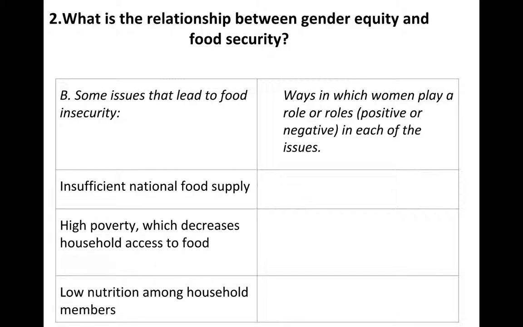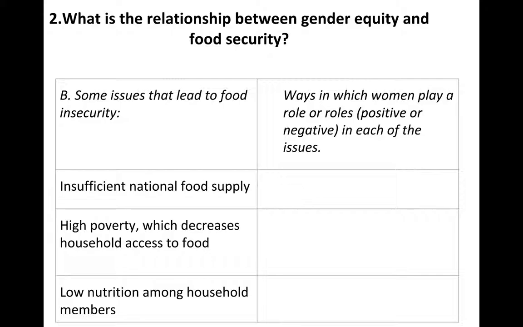Now, I know these words positive, negative can kind of mess you up a little, but what I'm basically asking you to do is, take for example, one of the issues that leads to food insecurity is insufficient national food supply. What role can women play to increase the national food supply of any particular nation? What needs to happen from a woman's perspective?